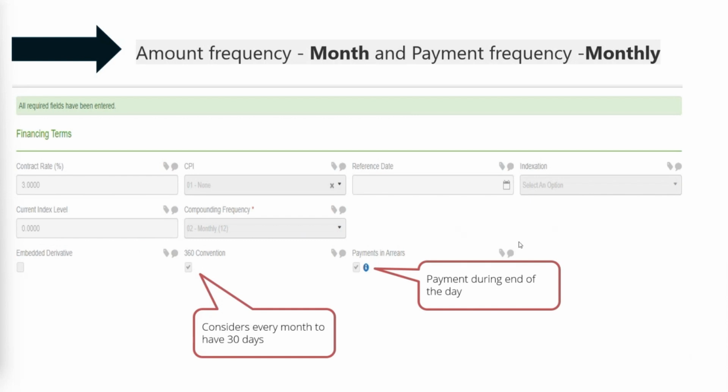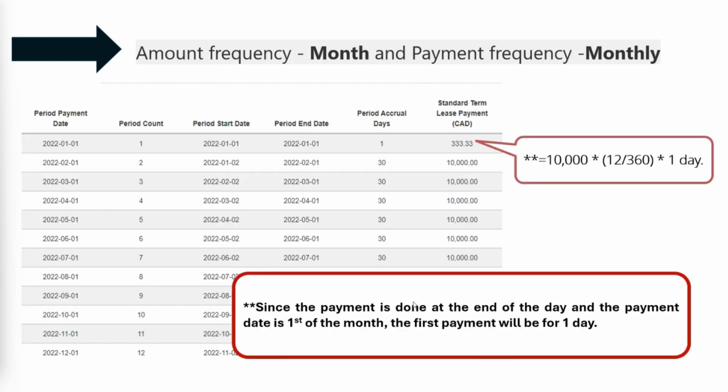Now, in the same scenario, if the 360 convention is turned on and the payment is done at the end of the day, payment in arrears, we can see how the schedule will differ. Since the payment is done at the end of the day and the payment date is the first, the first payment period will have only 1 day.